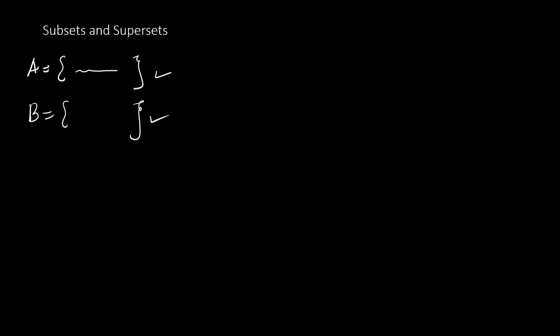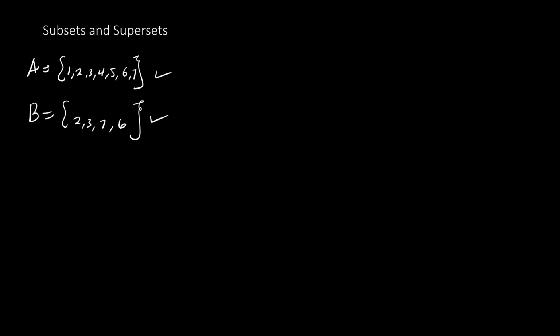For example, let's change this to real elements. We have set A equal to 1, 2, 3, 4, 5, 6, and 7, and we have set B to include 2, 3, 7, and 6. So here we can see that set A contains the numbers 1 to 7, and set B contains 2, 3, 7, and 6.